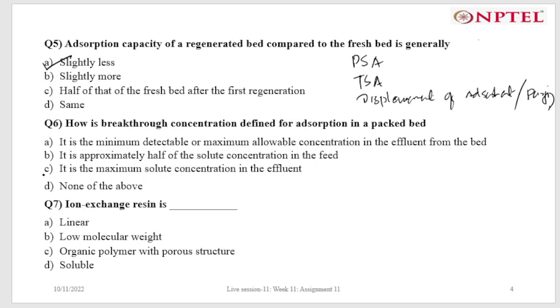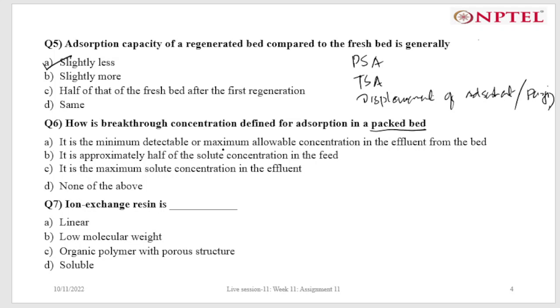Question 6. How is the breakthrough concentration defined for adsorption in a packed bed? In the previous slide, I explained for the fixed bed. Here, answer for the packed bed. Based on that explanation, can anybody tell the answer to this question? Breakthrough concentration definition for adsorption in a packed bed.